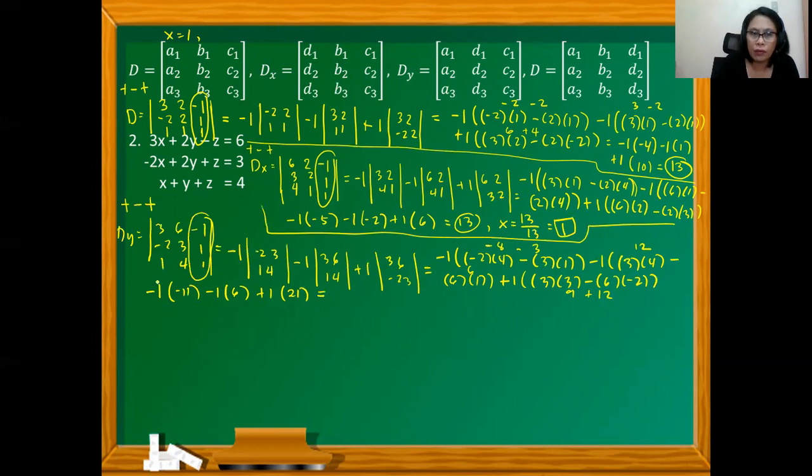So this is 11 minus 6 is 5 plus 21 is 26. So d sub y is 26 and y equals d sub y over d. So D sub y is 26 divided by D 13. So y is equal to 2.